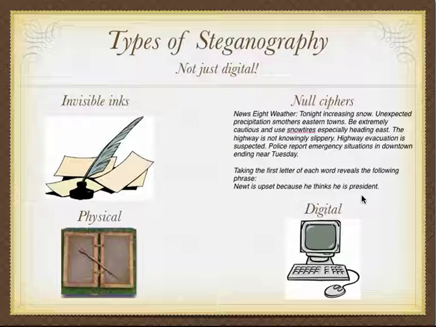For example, in this null cipher here, taking the first letter of each word reveals the following phrase. News, weather, tonight, N-E-W-T, provides you with newt. So if you take the first letter of each word in this paragraph, it gives you the phrase, Newt is upset because he thinks he is president.